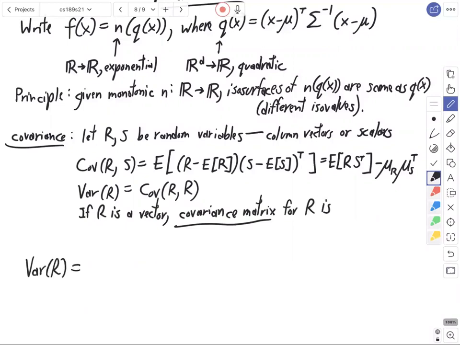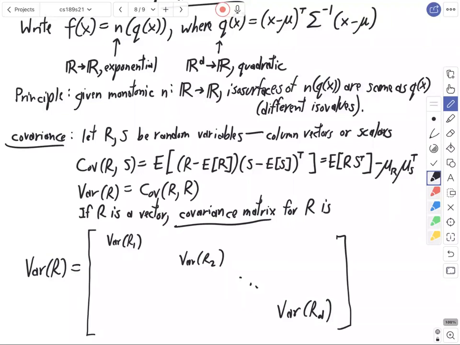well, we've already defined it, but it's easy to show that the variance of R, as I have just defined it, gives you a matrix in which you've got all these scalar variances inside it. So on the diagonal, we have the variance of R1, the variance of R2, and so on up to the variance of RD. And then off diagonal, we've got all the covariances.